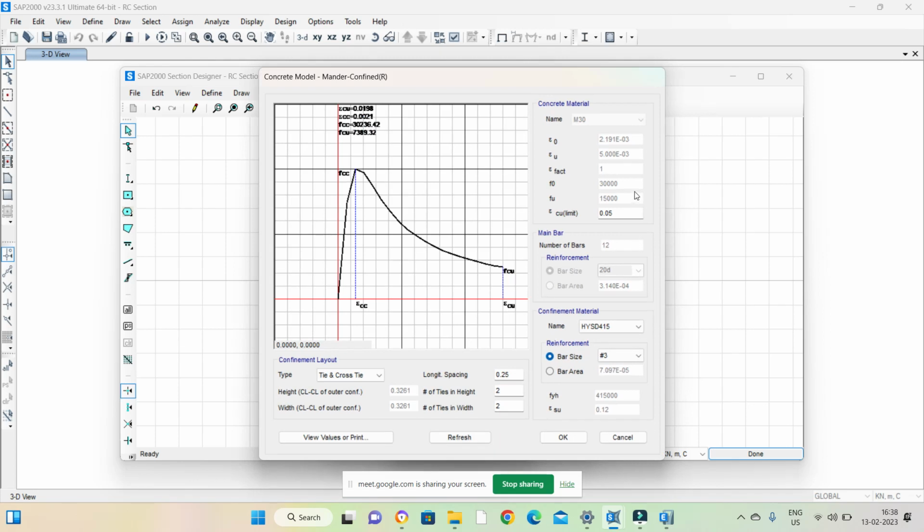You are asking about where was that? This one, epsilon SU, 0.12. Yes, sir. 1 minute. Actually, I also didn't check this one. Let me try.